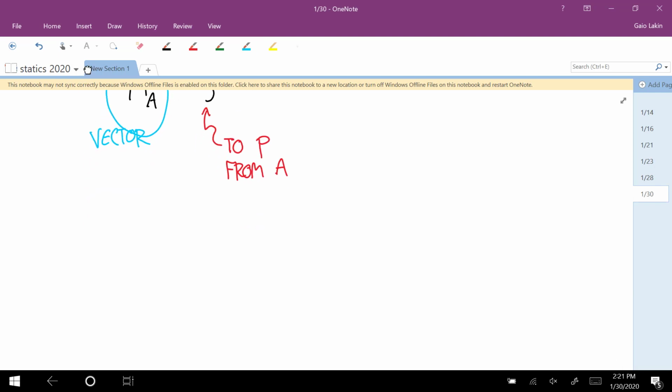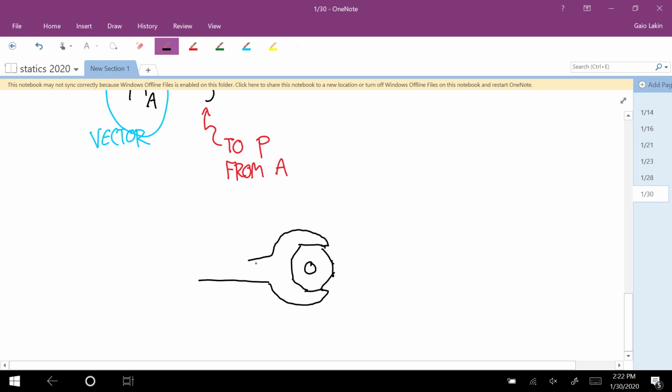So remember, I gave this example that I think is a nice way to picture what a moment does, where you're trying to turn this bolt by turning a wrench, by applying a force to this wrench. And if you apply a force this way, it's going to rotate it counterclockwise.